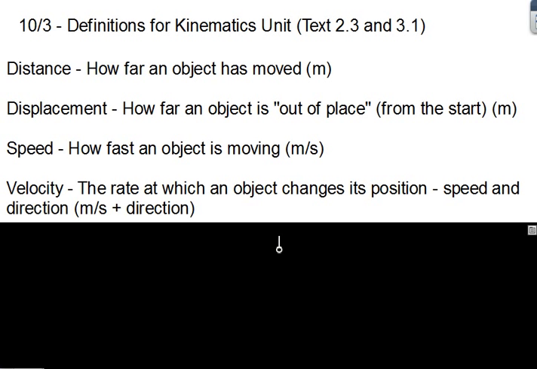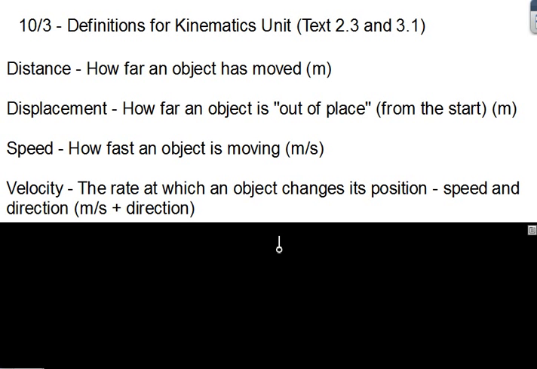Velocity then is the rate at which an object changes its position. And this brings in the word rate. And we're going to talk about what rate means in a little bit, but keep that in mind that this specifically is referring to a rate. And it incorporates speed and direction. So your unit is going to be meters per second plus the direction. And your direction may be a compass direction, such as north.